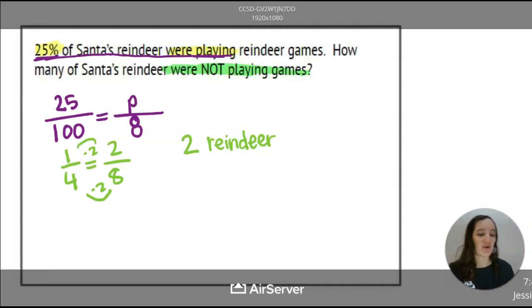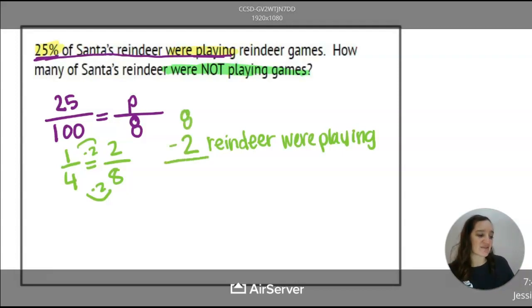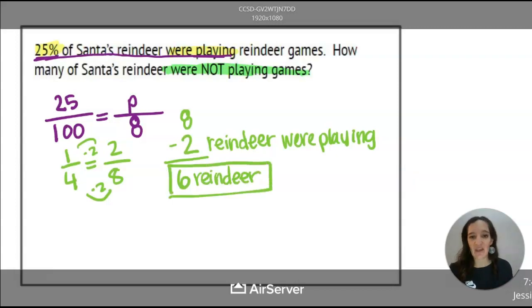So that way I know that when I find that the answer is 2 reindeer were playing reindeer games, right? That's not my answer yet. To find out now how many of Santa's reindeer were not playing, I can go 8 minus 2 and I can get 6. 6 reindeer were not playing reindeer games. So that's strategy number 1 for that.